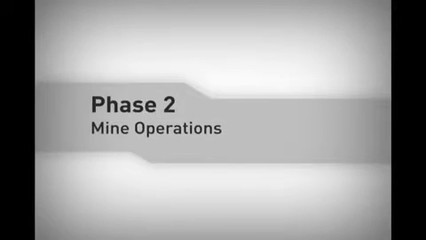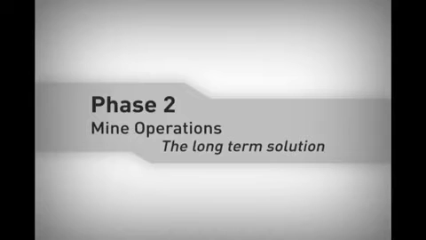Keith Boyle explains the second phase and long-term solution for acid water production. The permanent solution to this environmental legacy is really to fill the voids that were mined in the 50s with some kind of fill material that will prevent the water from contacting the old ore and turn acidic.